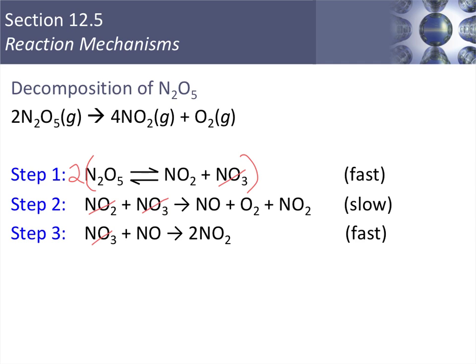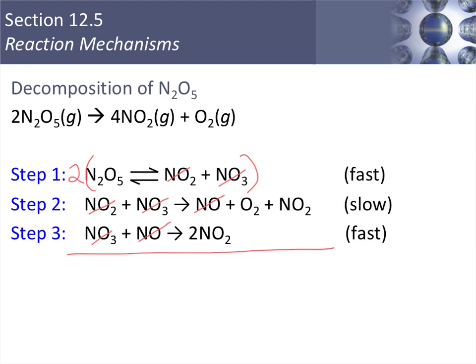We have 2 here, so this will cancel out 1, and then there will be 2 more. We have an NO and an NO. So if we add this up, then we'll get the overall equation, unless I've made a mistake. No, I think that's all okay.